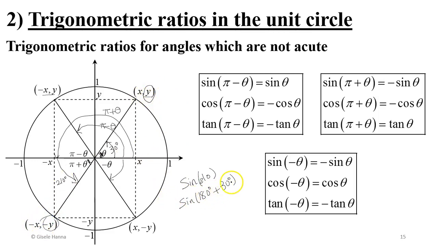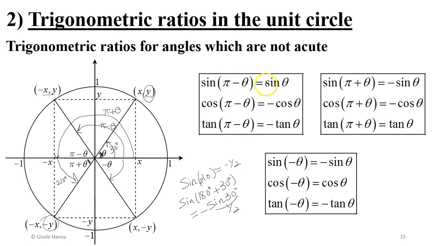So sine of 180 plus 30 degrees would actually be equal to negative sine of 30 degrees. So if 30 degrees has a half as sine, in that case, when you add 180 to 30 degrees, sine of 210 would be the opposite of sine of 30. So that would be, in fact, negative half. This is why these properties are actually useful.